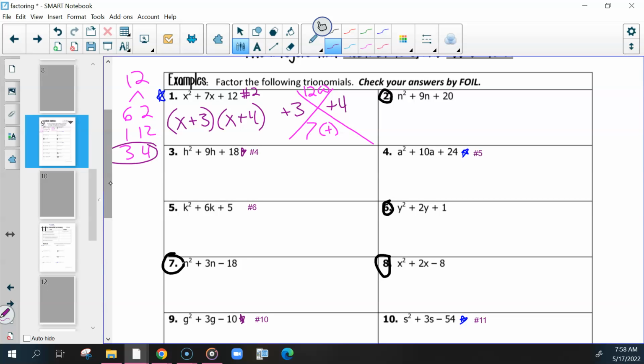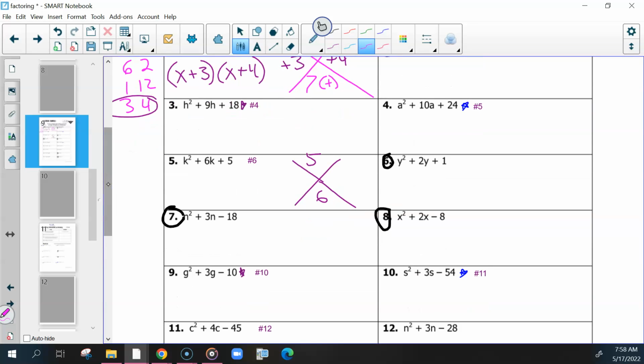What are some factors of 5? 1 and 5, and that's it. Because 1 and 5 are the only factors, those are the ones we're going to use. If I added 1 and 5, would I get 6? So our two factors would be k plus 1 and k plus 5.